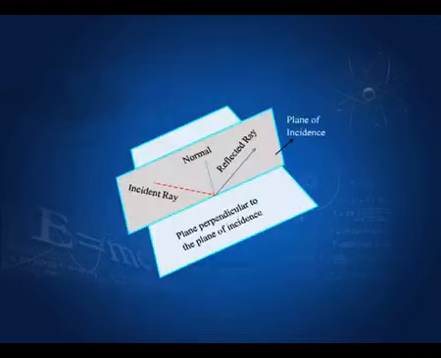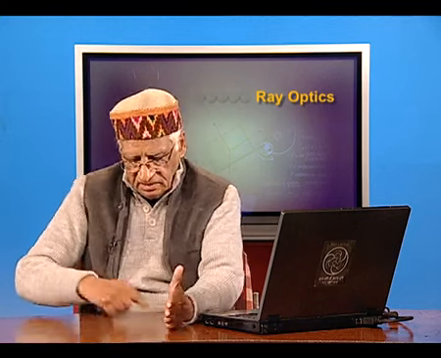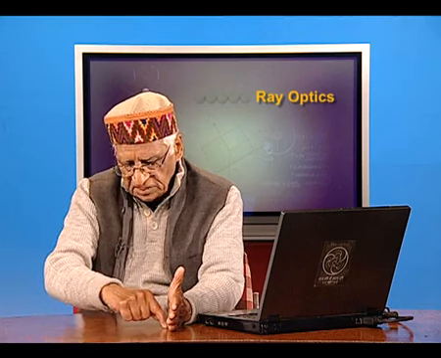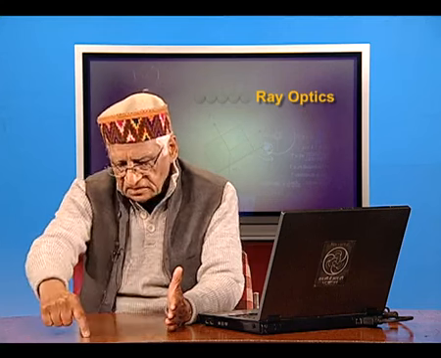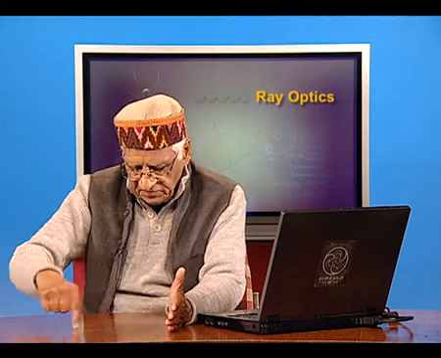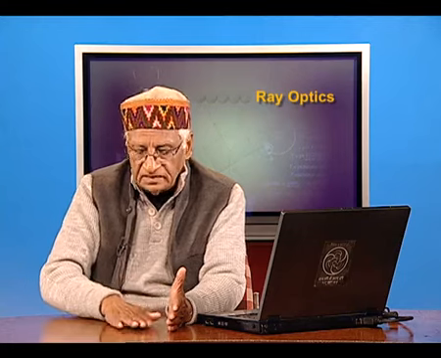It means this, that if we have one plane, say a mirror, and another plane perpendicular to it, and the light is incident at the point of incidence, there is a normal and it gets reflected, that is the angle of reflection, and we say that the incident ray, the normal at the point of incidence and the reflected ray, all three lie in the same plane.